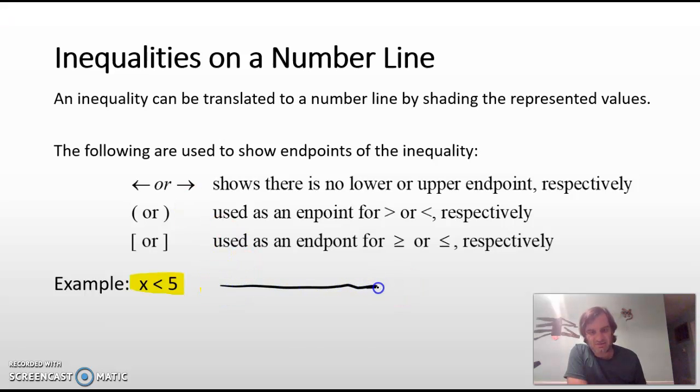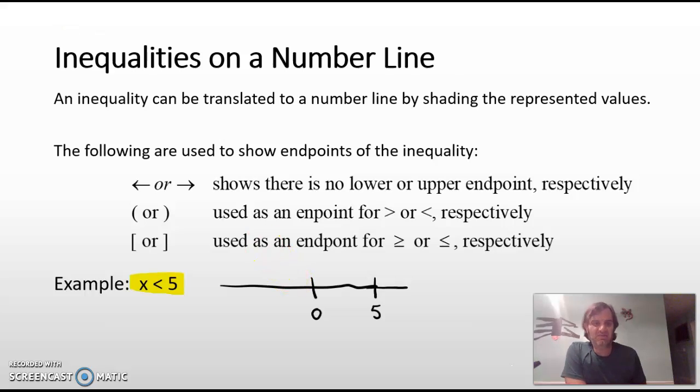Whenever I draw my number lines, I just draw a line and put 0 in the middle, and then I put anything that's significant around it in the correct order. I don't try and mark off 1, 2, 3, -1, -2, -3, because who knows how accurate I'm going to be as far as my spacing. But this says x is going to be less than 5, and I know 5 is to the right of 0, so my number line could look like this.